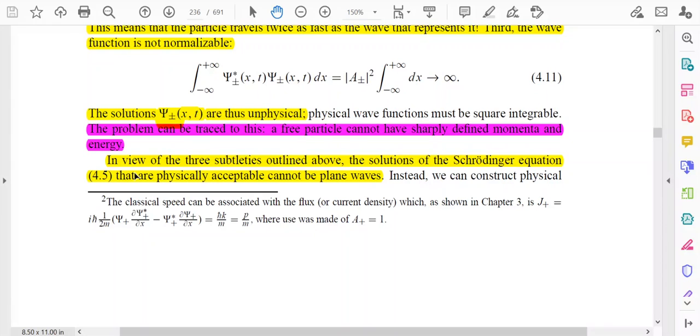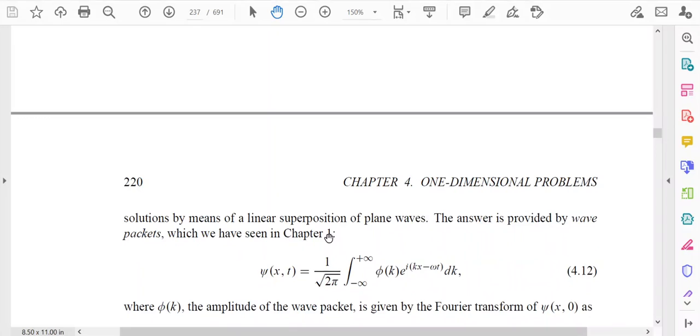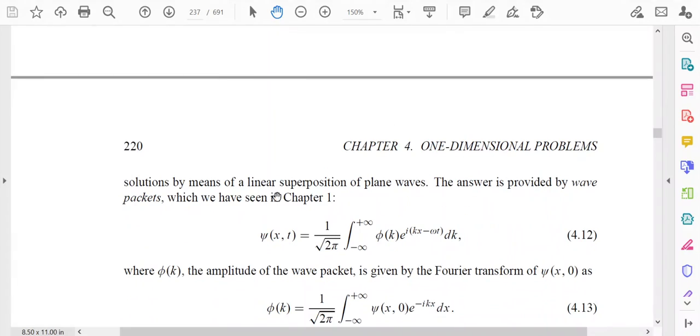So in view of the three subtleties that we have obtained above, the solutions of the Schrodinger equation that are physically acceptable cannot be plane waves. Instead, we can construct physical solutions by means of linear superposition of plane waves.